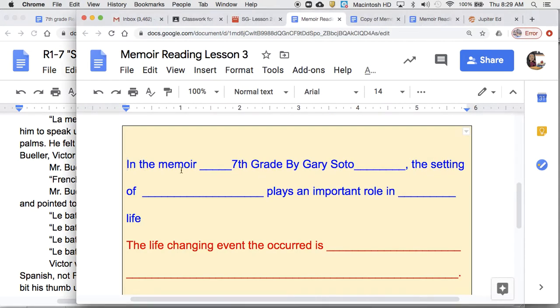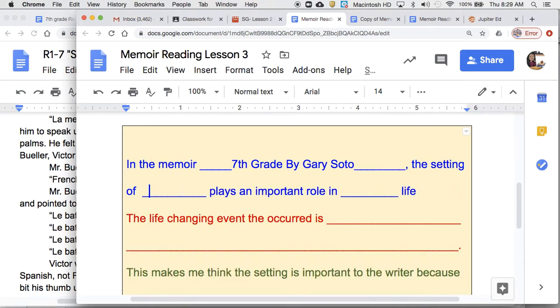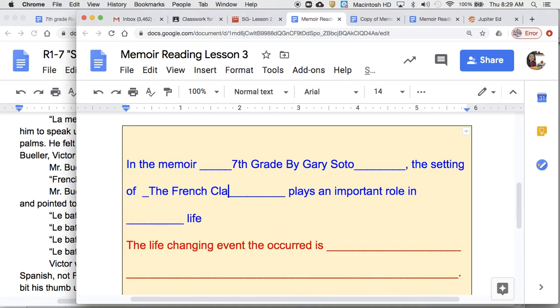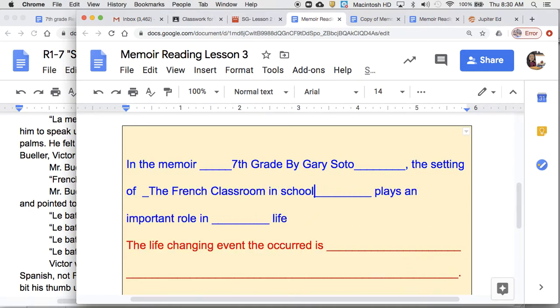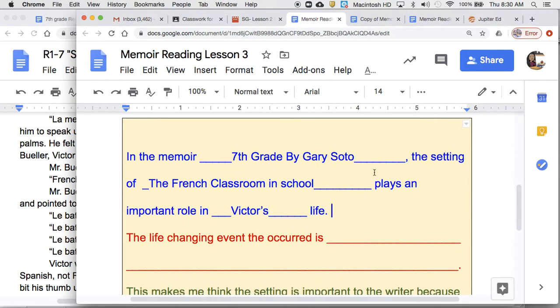So I'm going to say in the memoir 7th grade by Gary Soto, the setting of the French classroom in school plays an important role in Victor's life. So again, it's the French classroom in school, and that plays an important role in Victor's life.